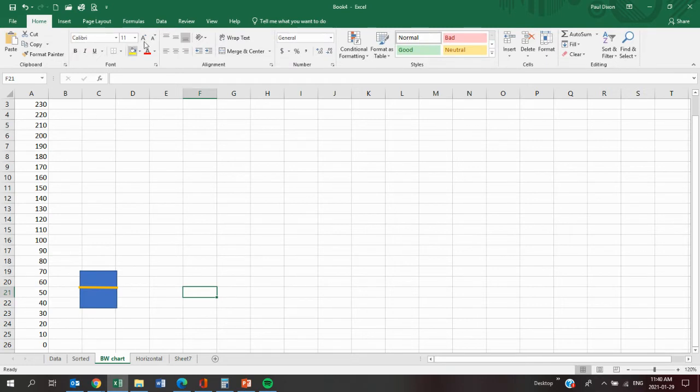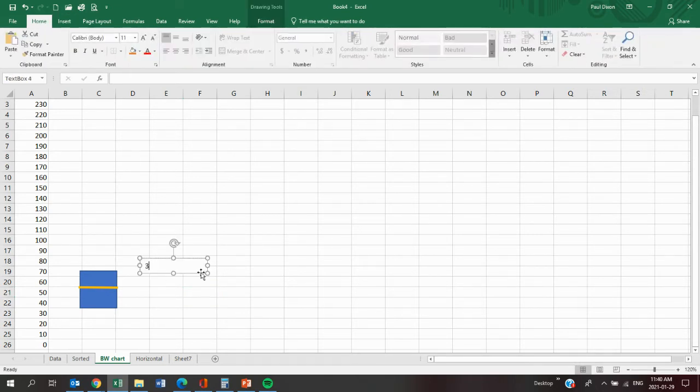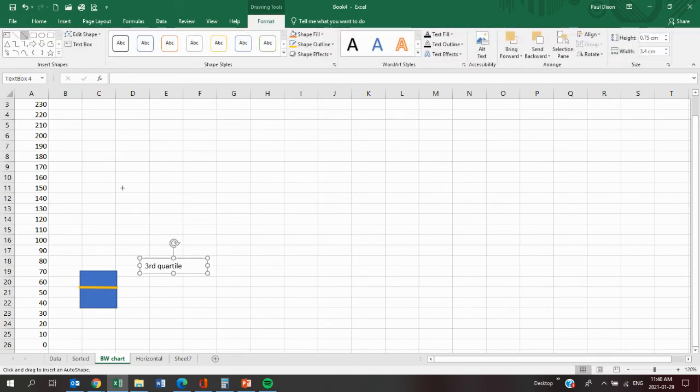I might want to label it. Let me just put some descriptors in here so that I remember what things are. So this piece up here, I've called the third quartile because the last quarter is above it. And that's the spot right up here at the top end. And right in the middle here, I've got the median.